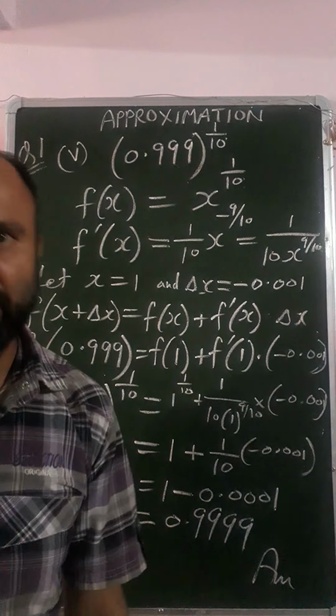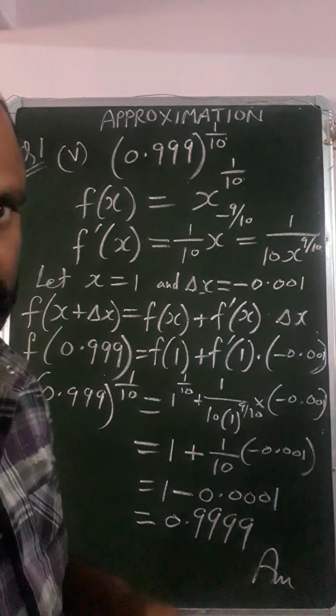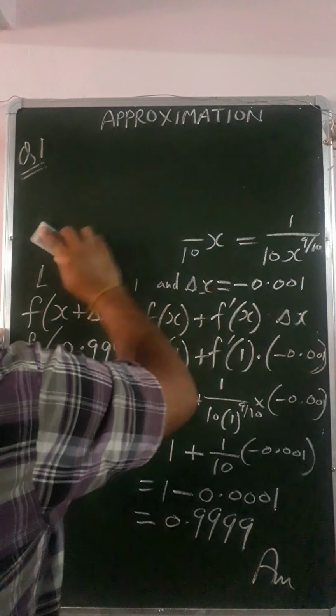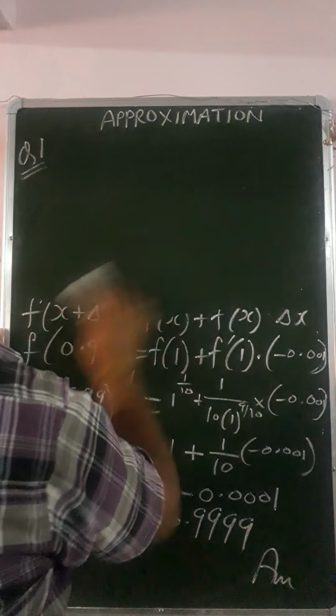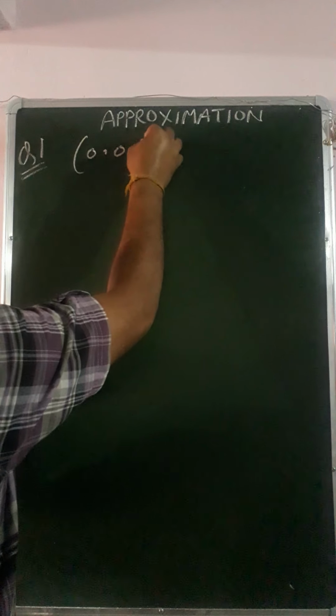same question, next part, that is I am taking here the 11th part of this question. The question is, find the approximate value of 0.0037 raised to the power 1 by 2.